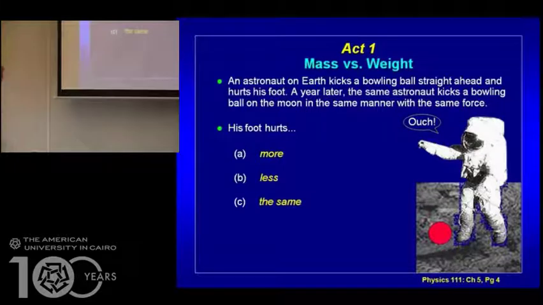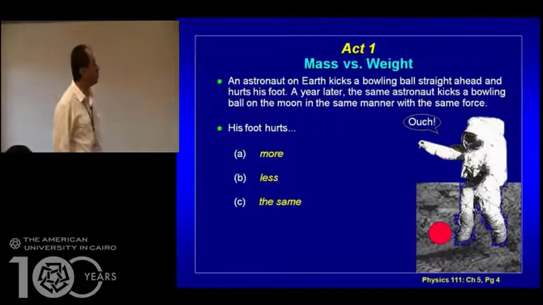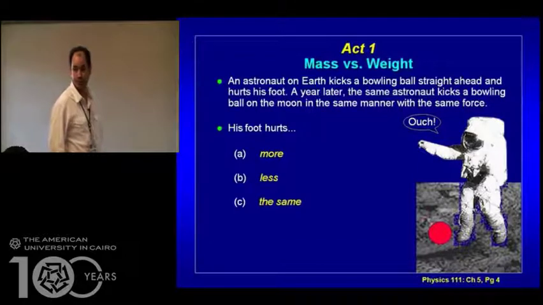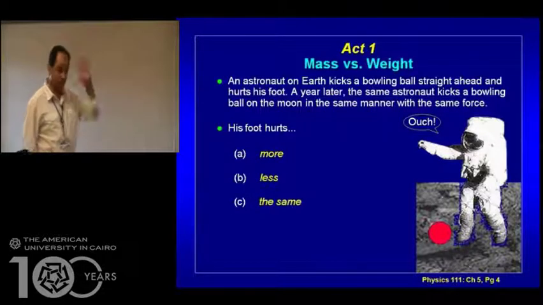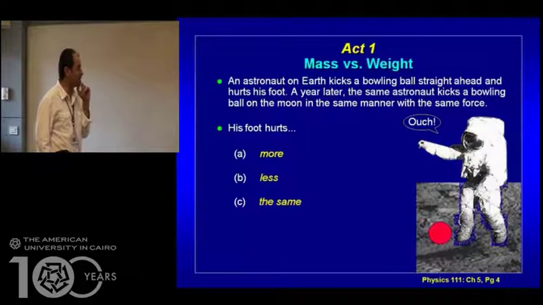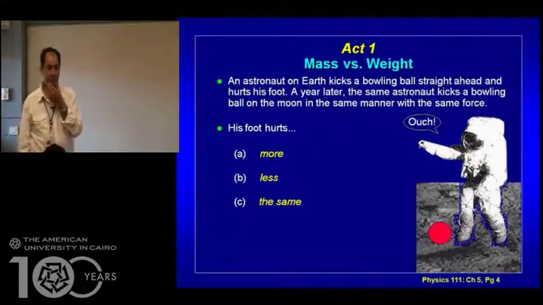So if he hits it on Earth or he hits it on the moon, which one will hurt more? I will read it again. A year later, the same astronaut kicks the bowling ball on the moon in the same manner with the same force. His foot will hurt on the moon more than on Earth, less than on Earth, or the same?